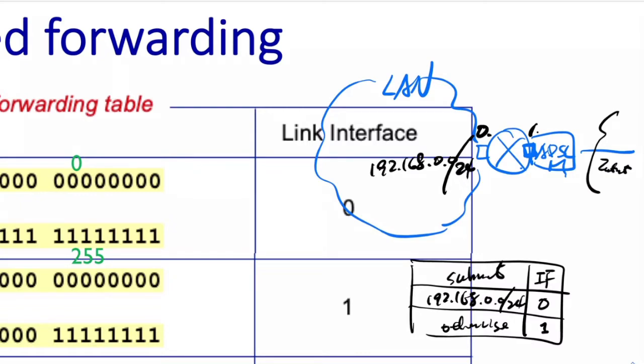So your forwarding table will be very, very simple, such as if the packet destination is 192.168/24, it should go to interface number 0, and otherwise it should go to the internet, which is interface number 1.